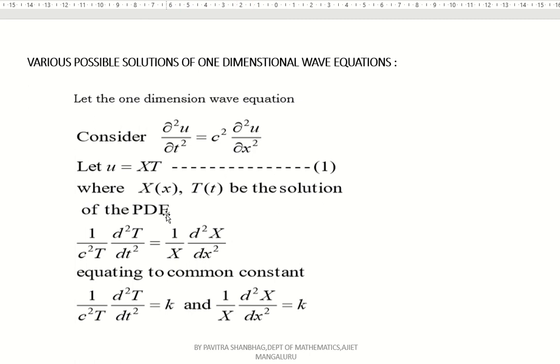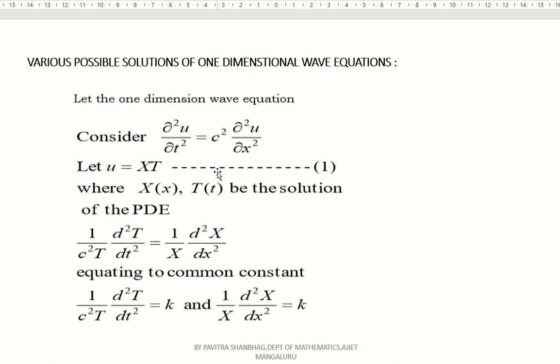Now after that step you have to divide throughout by the constants, that is c² X T. The thing is, we have to bring T and t to one side and X and x to one side. That is our intention.